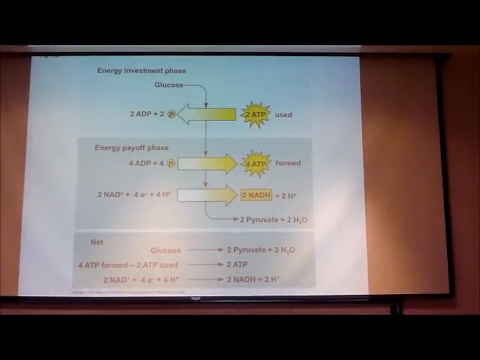Remember, NAD+ is an electron acceptor. So it accepts those electrons and becomes reduced to NADH. So we form NADH and we form protons during these redox reactions. I'm stressing that because the NADH molecules and the FADH2 molecules that are formed during this process are going to be key when we get over to oxidative phosphorylation.